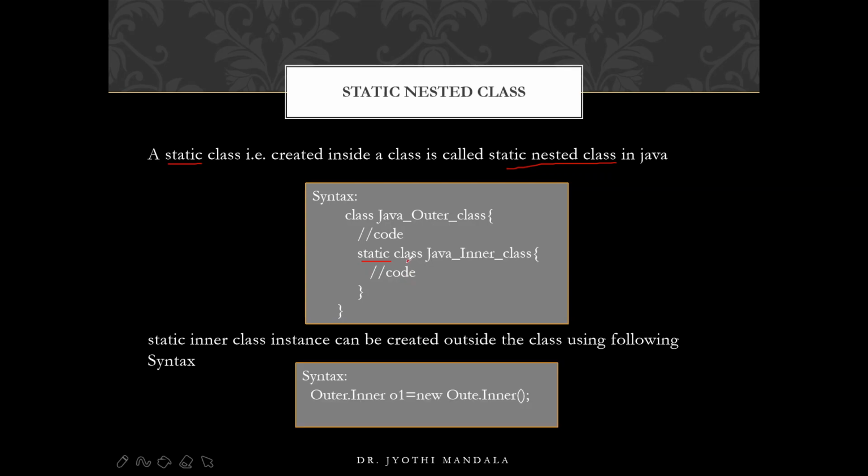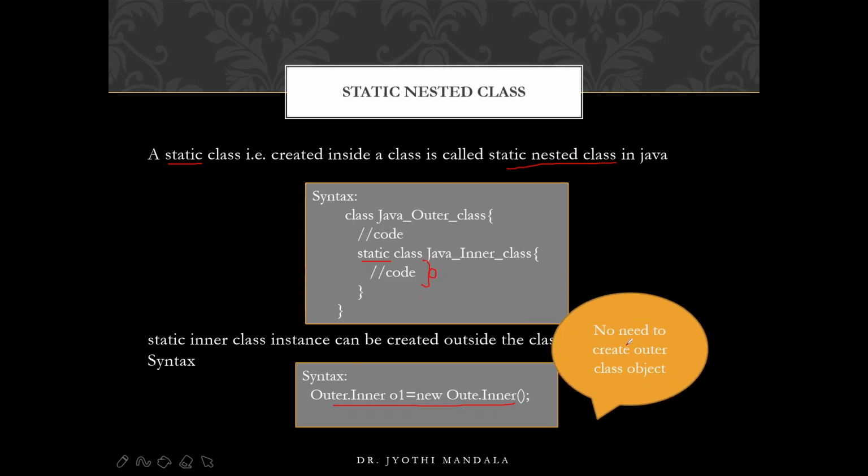That means you need to create an object in this fashion. I'll show you an example also, but make sure that whenever you want to access any members available inside your inner class, and that class is a static class, then you need to follow this syntax to create the object. In this case there is no need to create an object of your outer class.